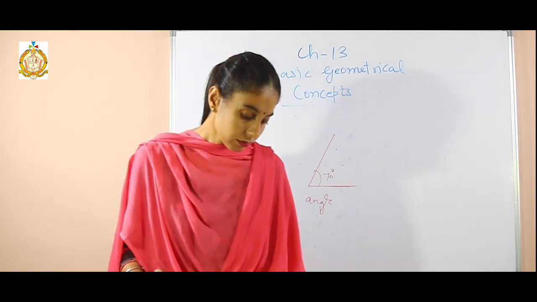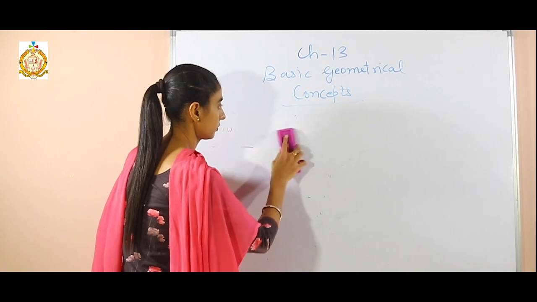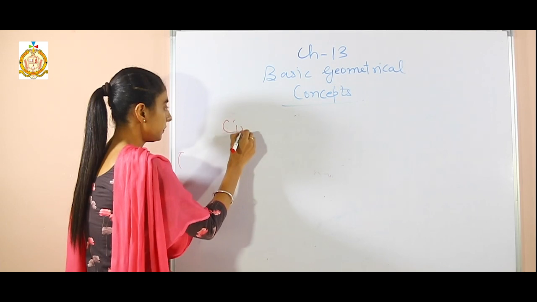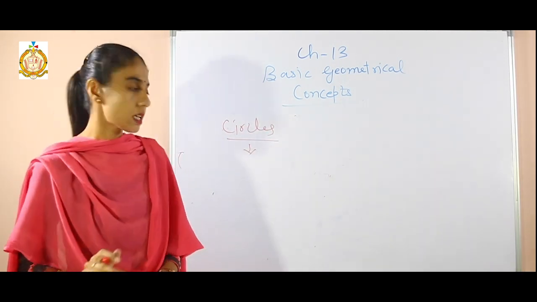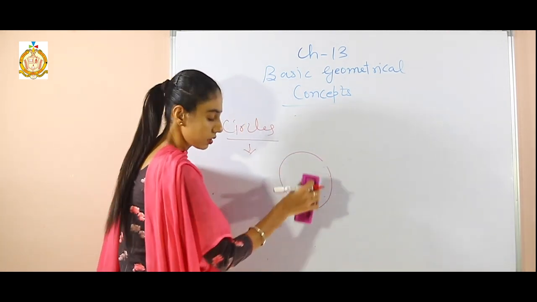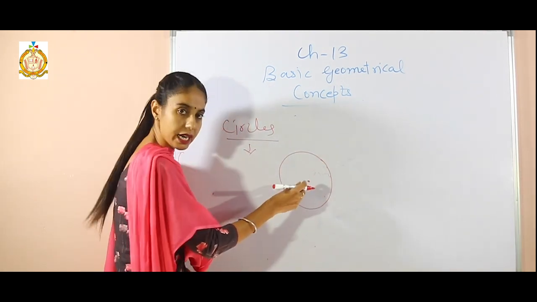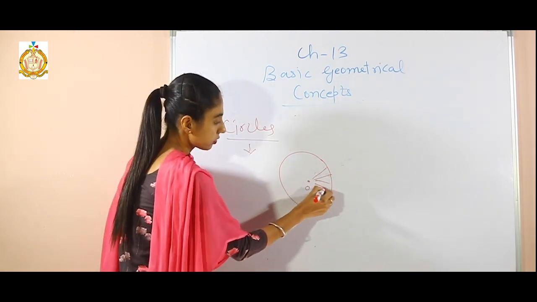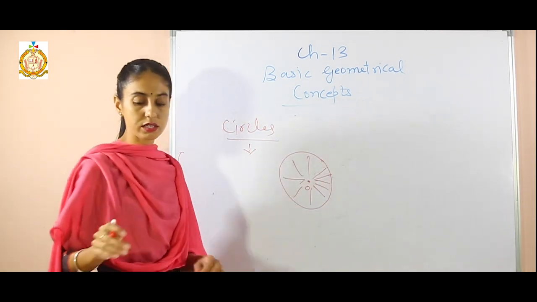Next topic is circles. First of all, what is a circle? A circle is a closed plane curve. Take one point O as the center. From all sides, the distances of all points from the center are equal.